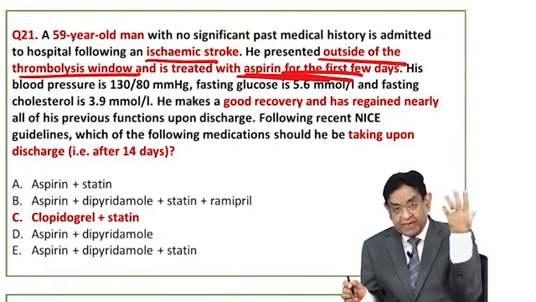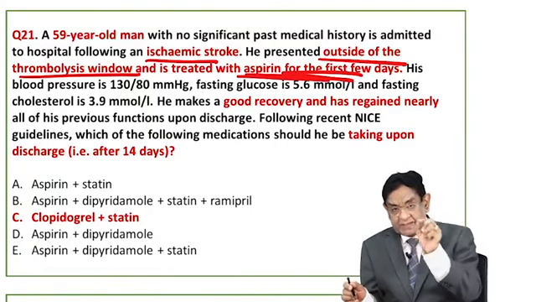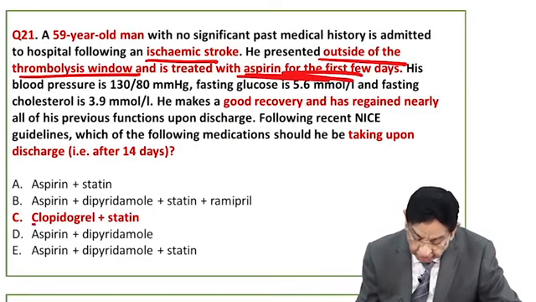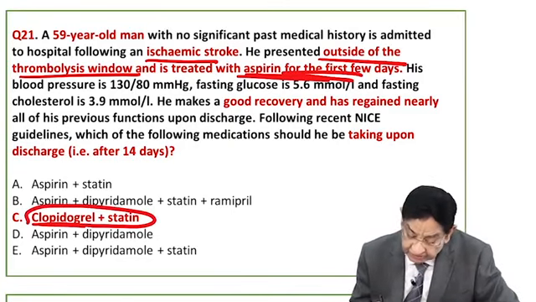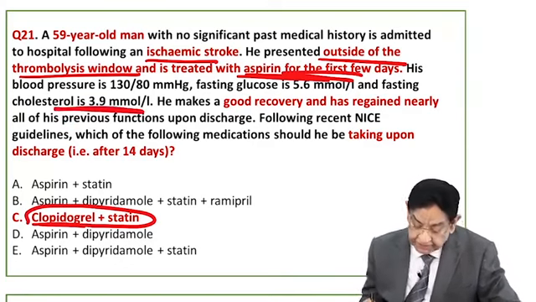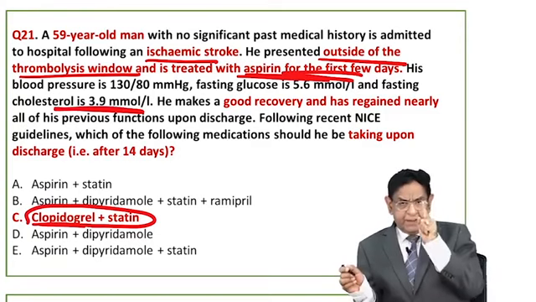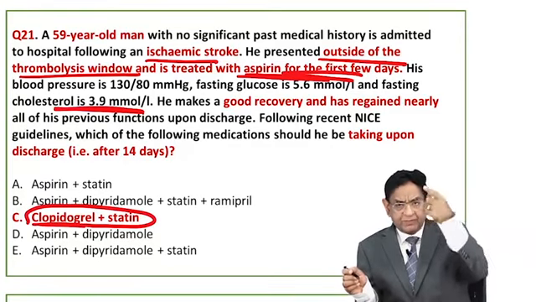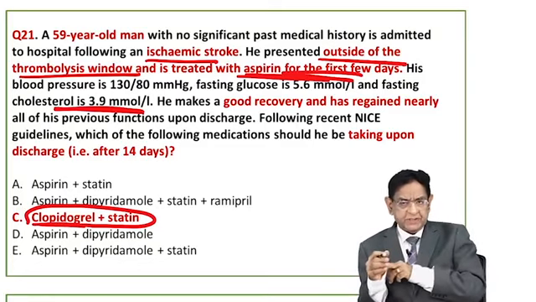But when we plan to discharge for secondary prevention, the answer is clopidogrel and statins. Why? Cholesterol level is 3.9. Remember, clopidogrel is the best drug for discharge.